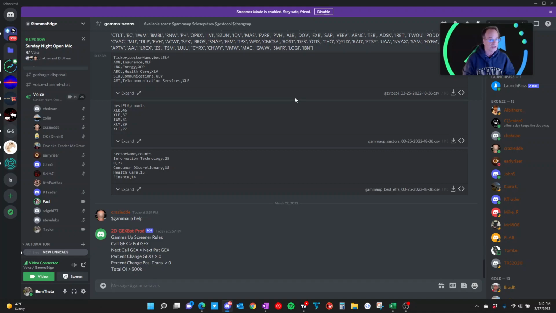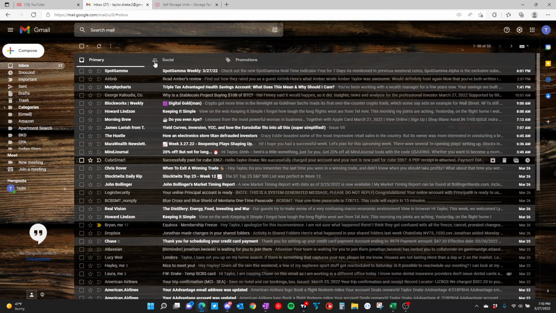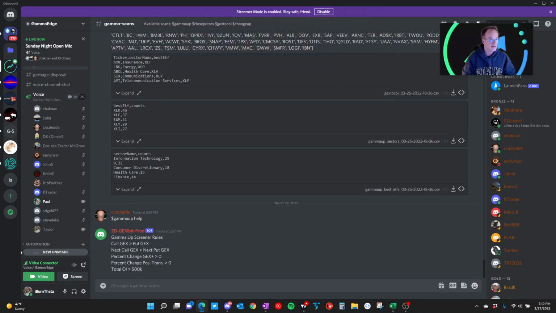Change up, gamma up, GEX to COI, and close put reversal all have a measurable edge. The key takeaway is that rather than having to go into the spreadsheet every day, generate your filters, or paste it into something you already have, we do it automatically for you.